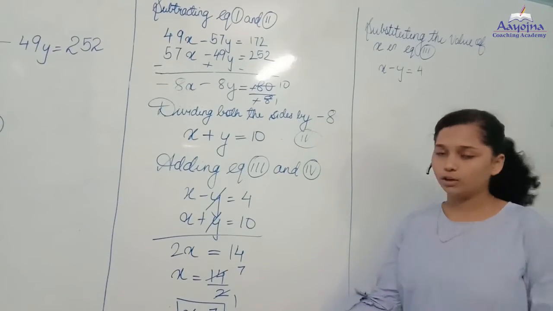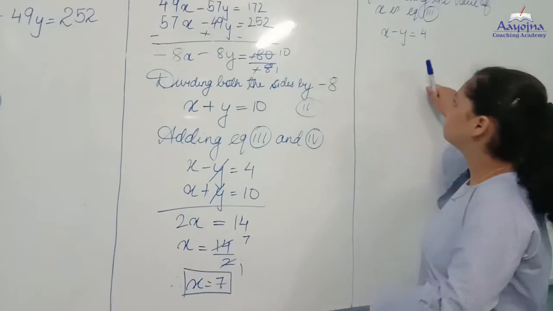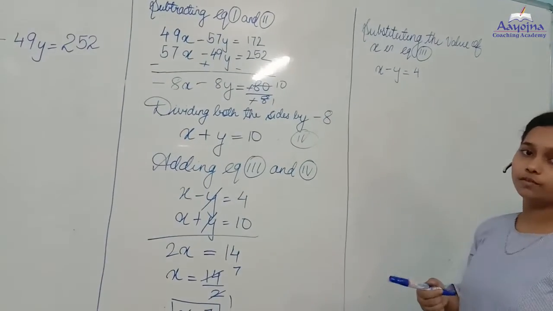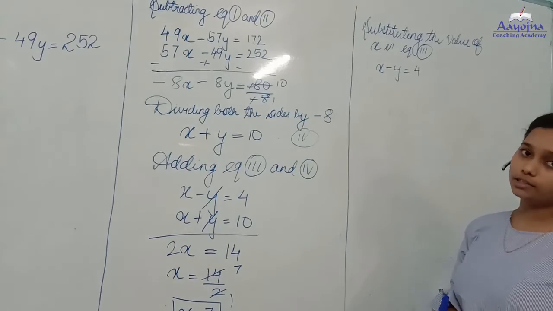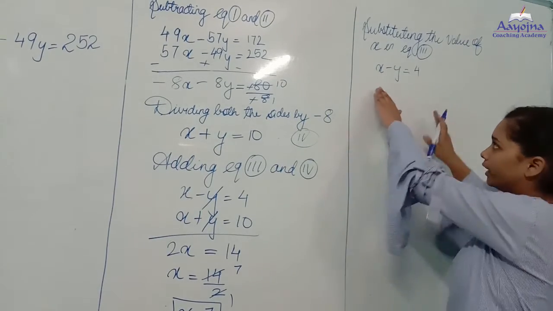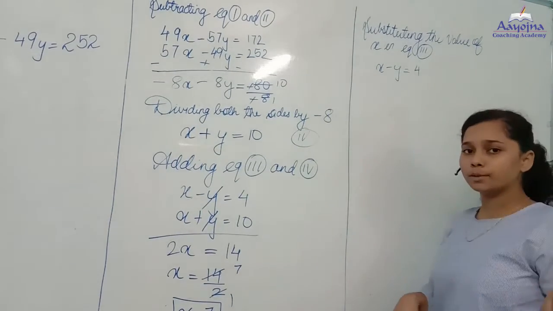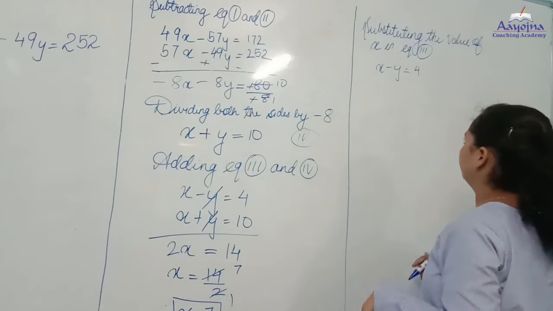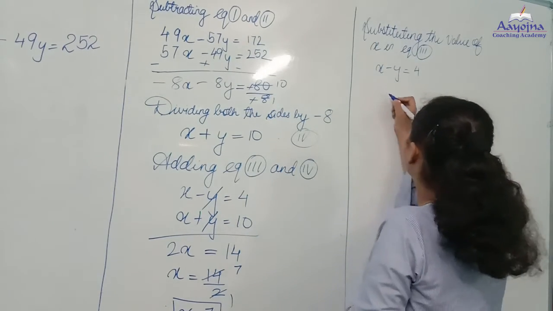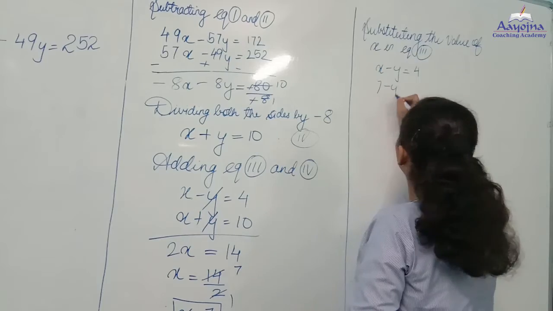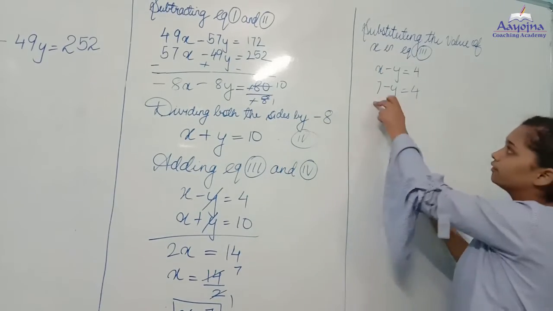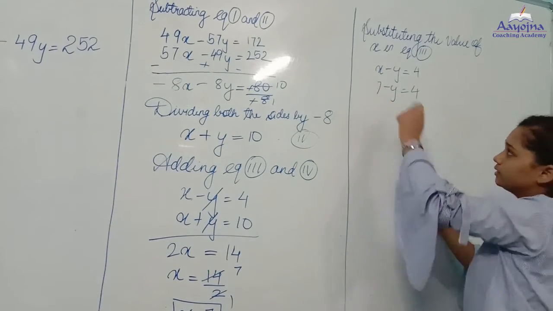As we got the value of x, we are going to find the value of y. To find the value of y, we need to substitute the value of x. So I am substituting the value of x in equation 3. You can substitute in equation 4 as well. So let's do it. It becomes 7 minus y is equal to 4. 7 because x we got the answer as 7.